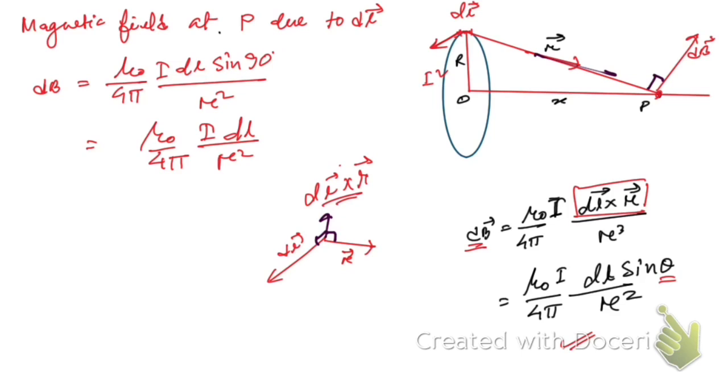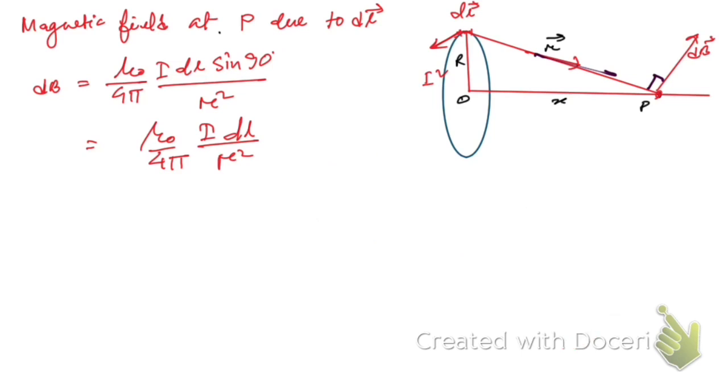So now it can be resolved into two components. Let this angle be theta, and this is perpendicular to the r vector, and this is perpendicular to this axis. If the angle between their perpendiculars is theta, then the angle between these two must also be theta.